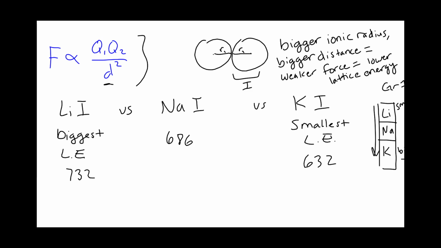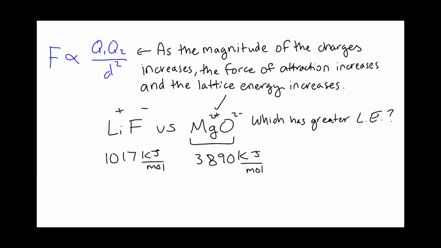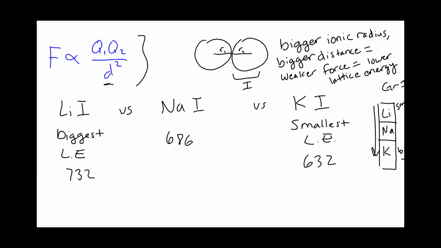Notice that compared to the last example, although we did get the trend right, how big was the difference in these lattice energies that differed only by distance, compared to our last example that differed by the charge? Which one had a greater impact on the lattice energy? Changing the charges like our first example, or changing the distances like our second example?